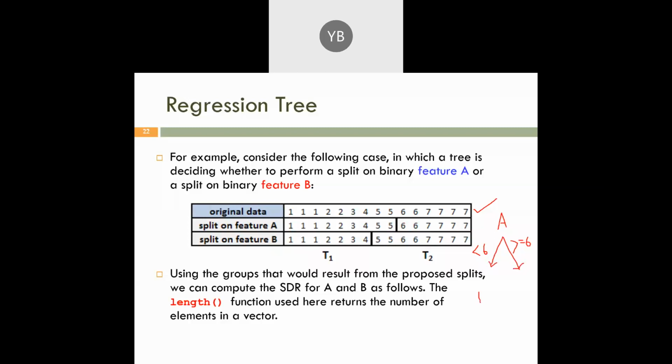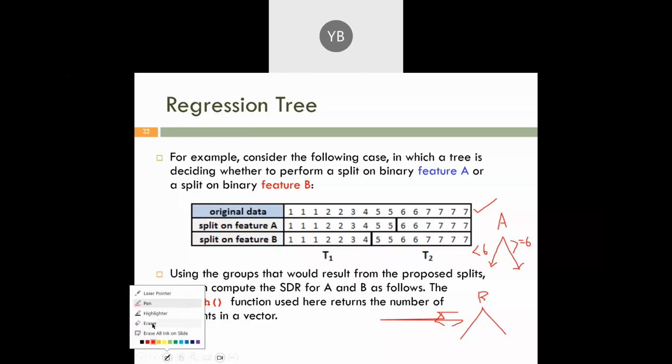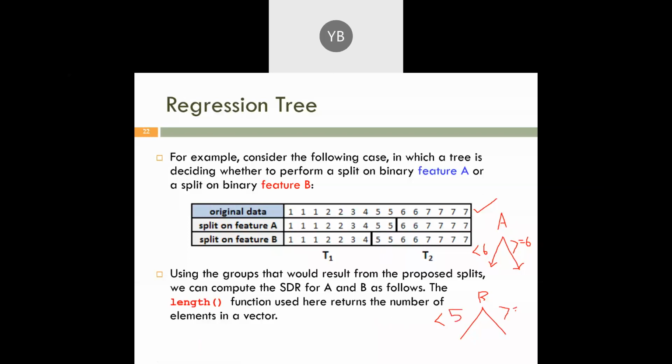And for B, we could split the data into T1 and T2, less than 5 and greater than or equal to 5.